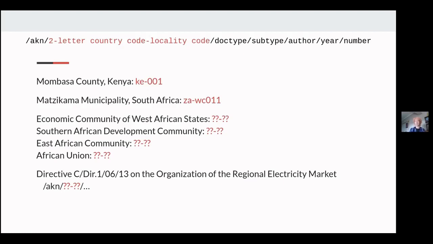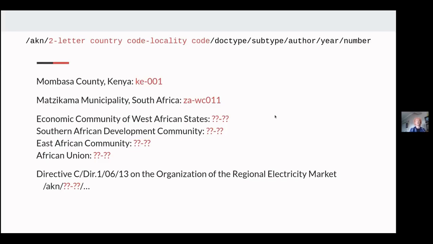So nice and straightforward. Similarly, in South Africa, the Matakama municipality in the Western Cape, we use the ZA, which is the South Africa country code, and WC001 is the government assigned municipality code.